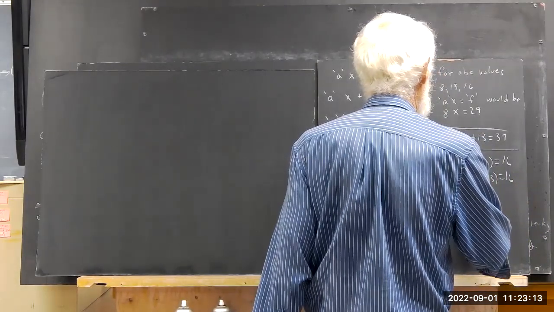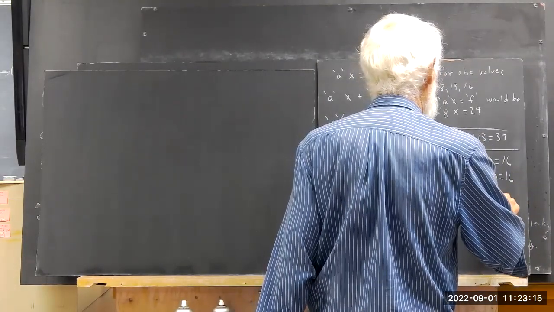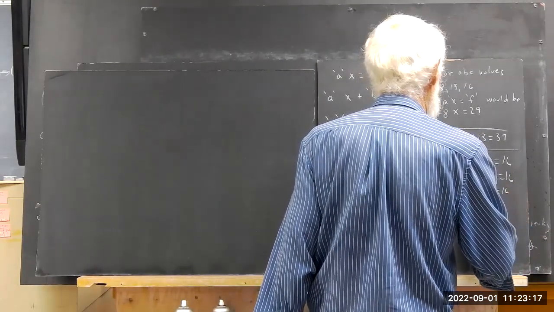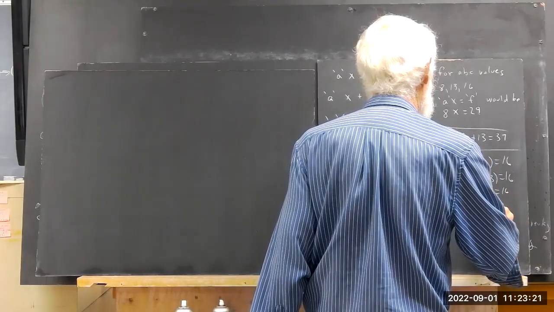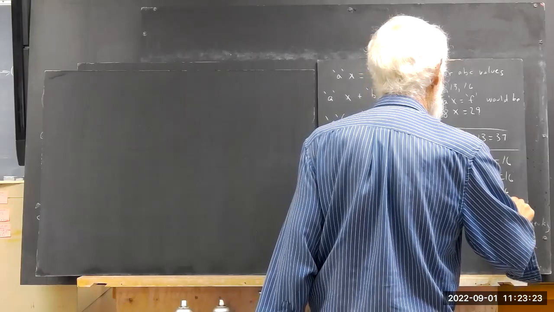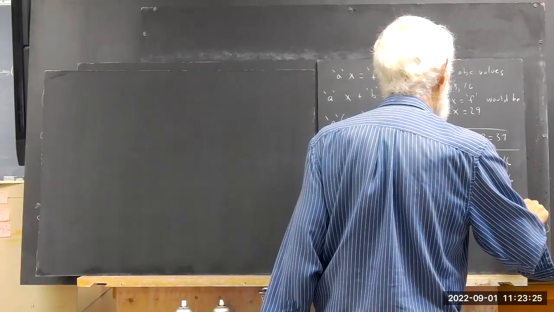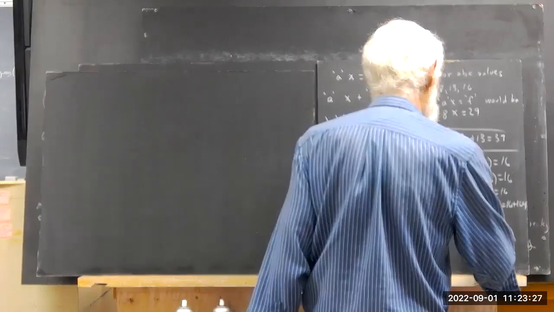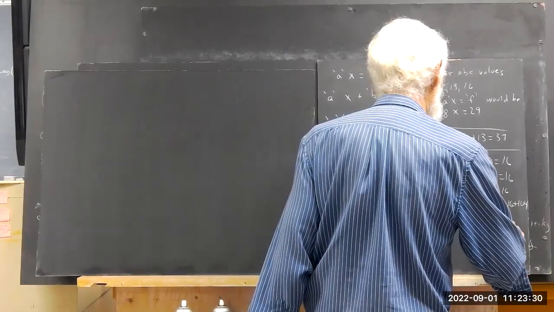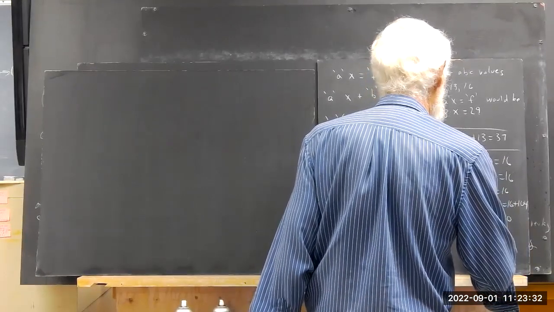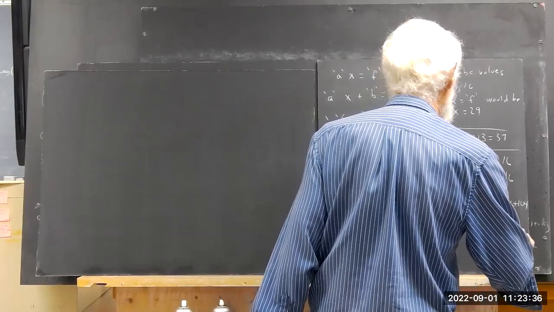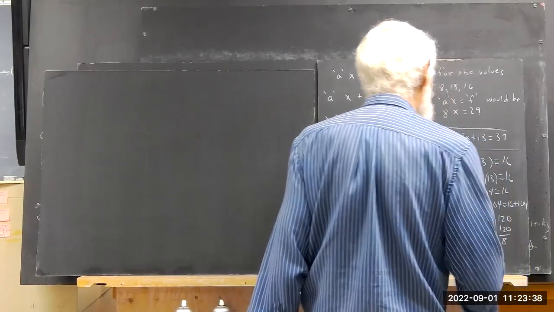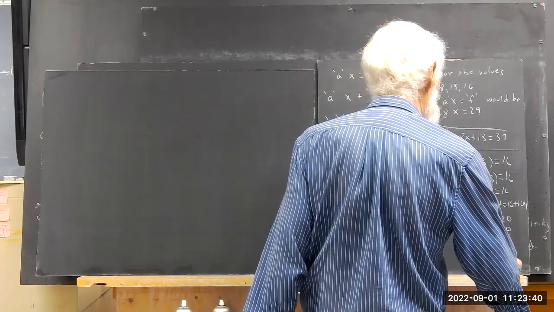Multiply 8 by 13, you get 8x minus 104 equals 16. Add 104, and you get 8x equals 120. 8x over 8 equals 120 over 8. So x equals 15.